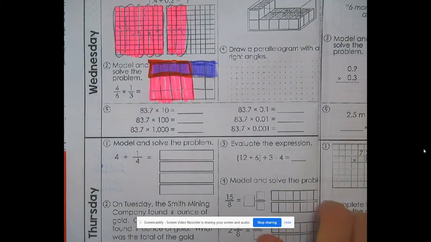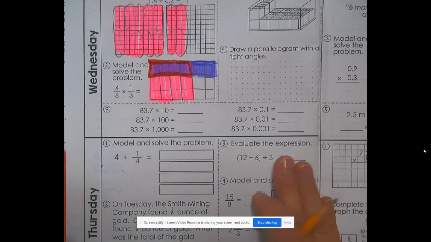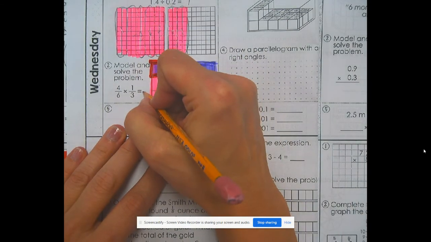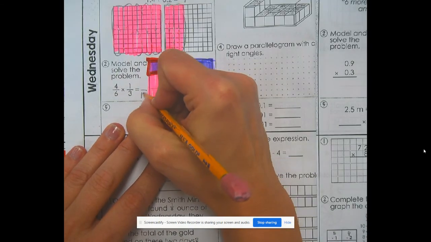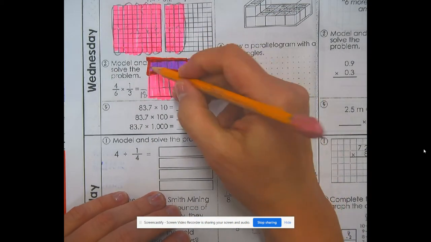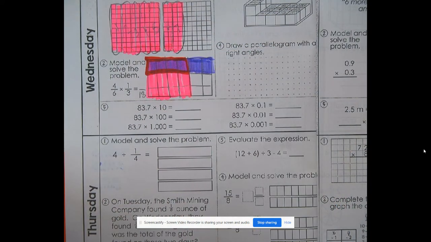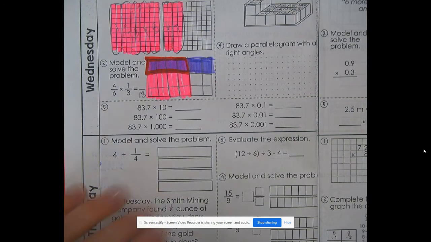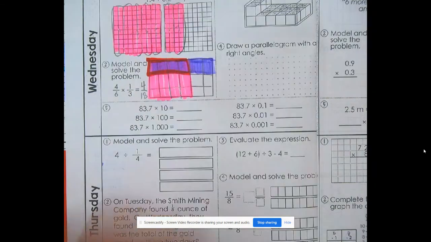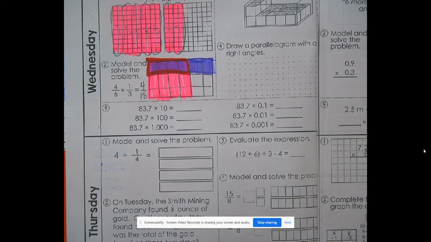Okay, what's our whole split into now? Cut into 18, right? Because we've got a 6 by 3 array. Okay, and how many do we have that are colored both colors? 4. Now tell me what's the problem with that answer. They're both even.